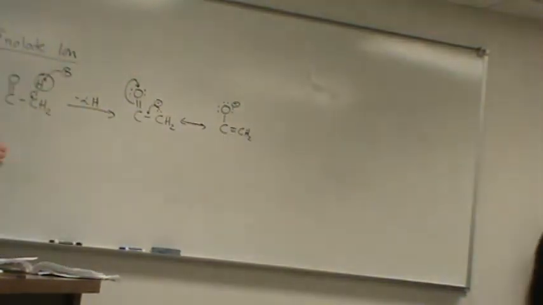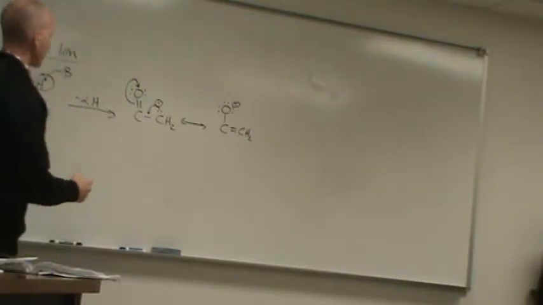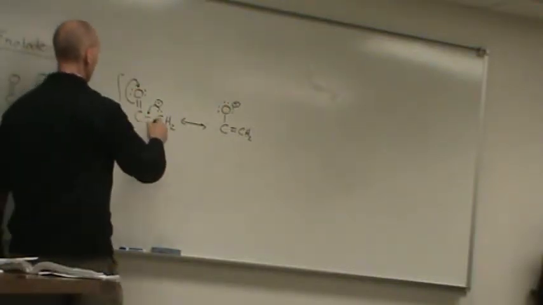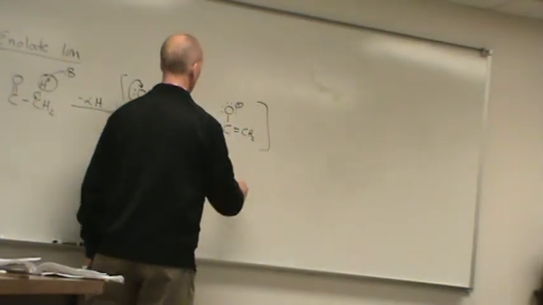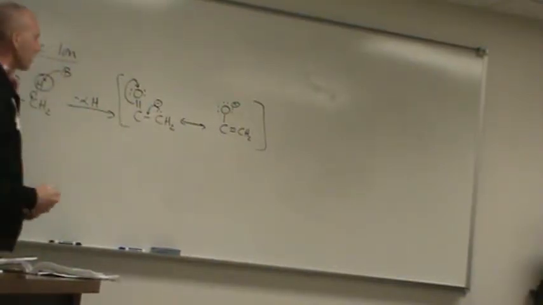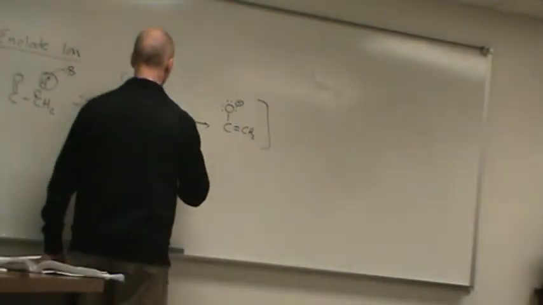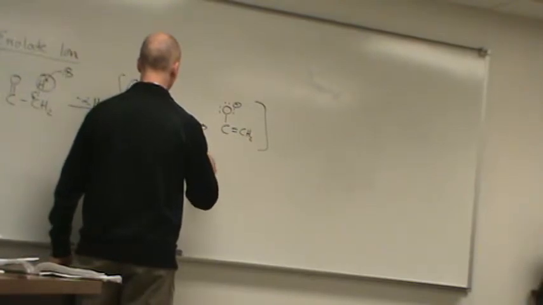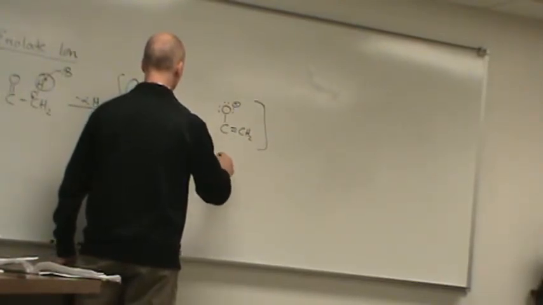So you would get that resonance structure there. So here we get 2 resonance structures as a result of removing the alpha hydrogen. And these 2 resonance structures make up the conjugate base.